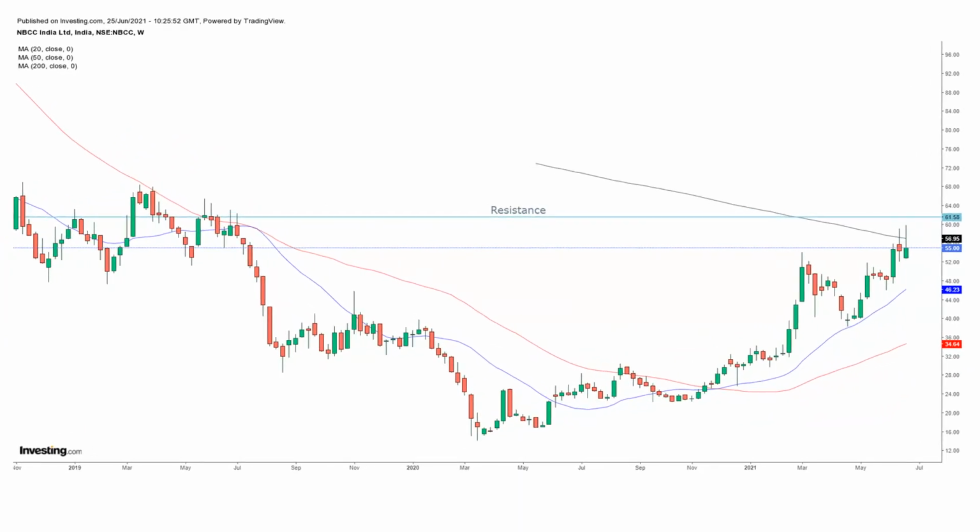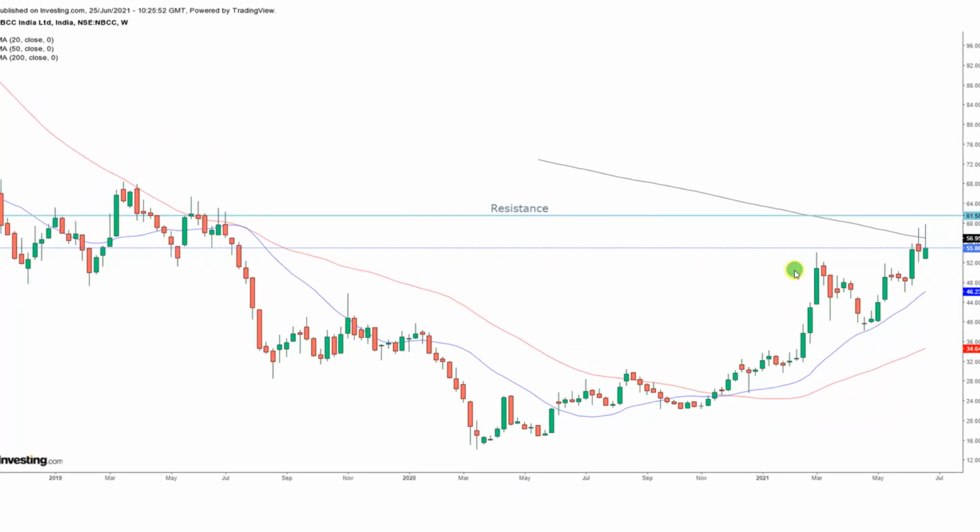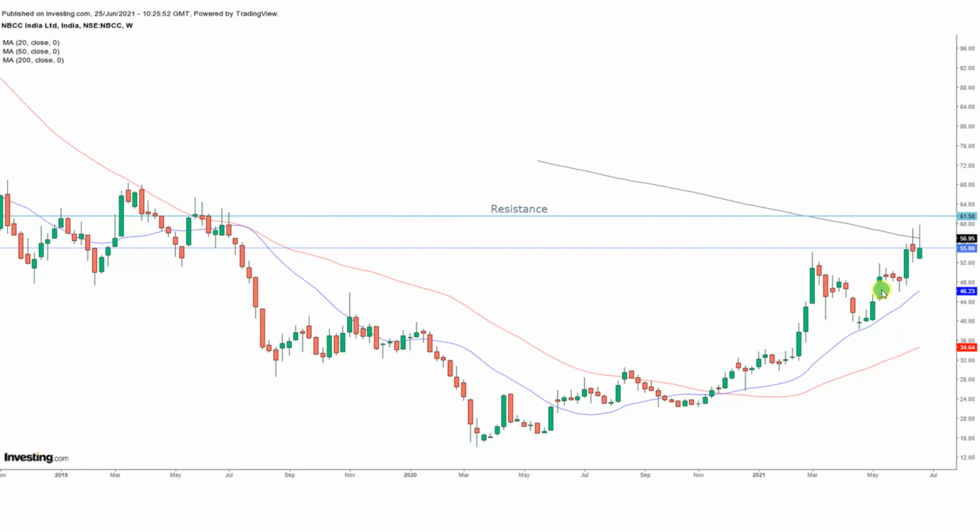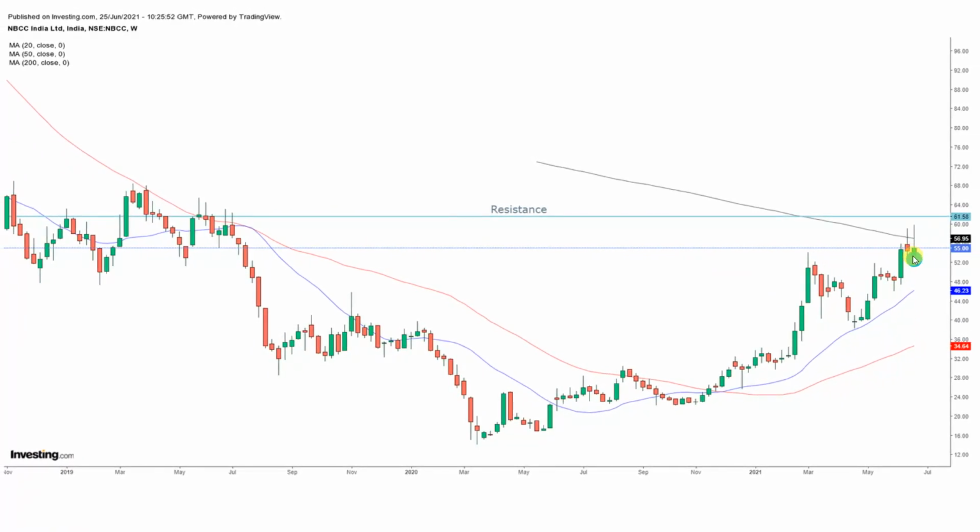In the same way, this is resistance, the unbroken high which was formed in the previous days. Here the current market price is 55 rupees.